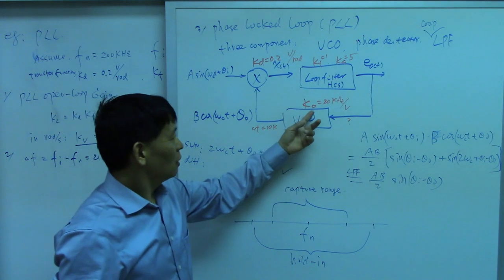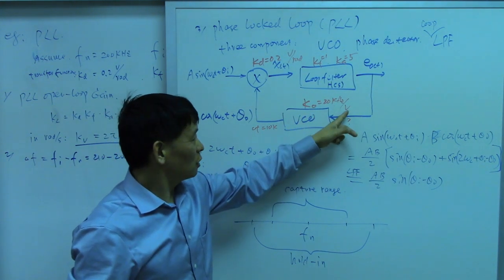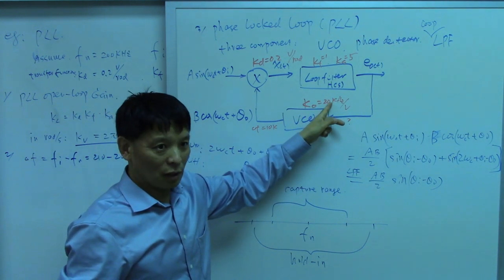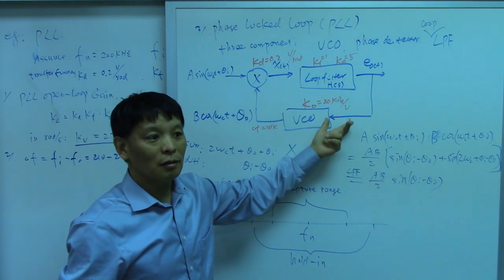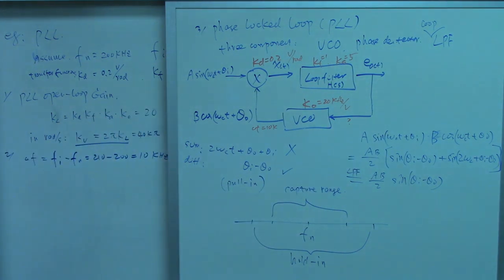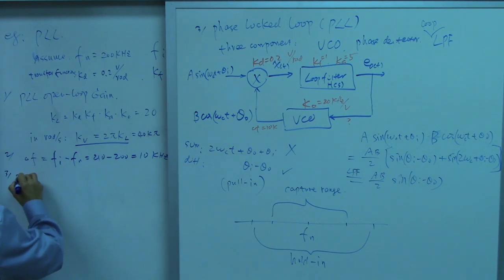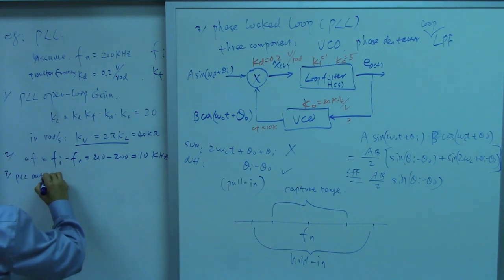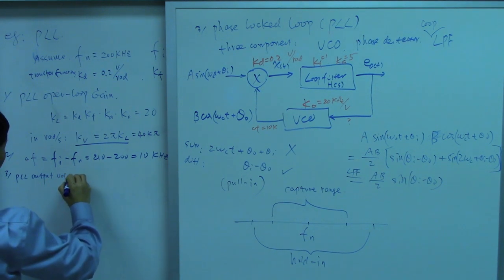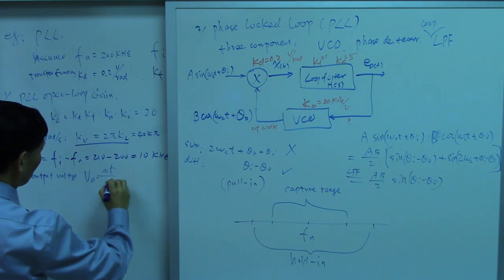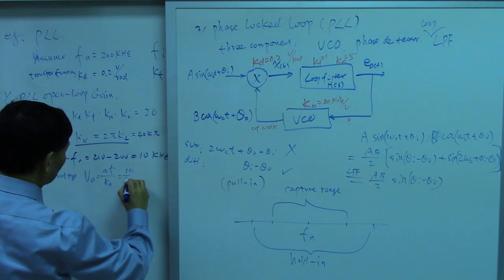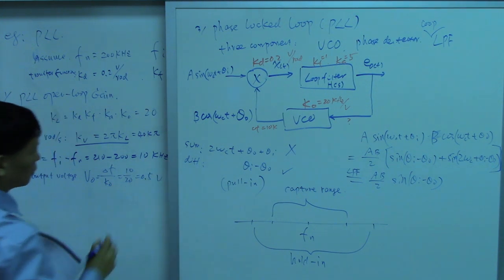The gain equals 20K, meaning each volt changes 20K, and we only need 10K change. So V out equals delta F over K0, which is 10 over 20, equals 0.5 volt.